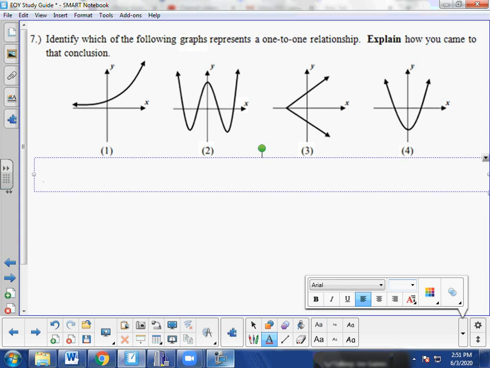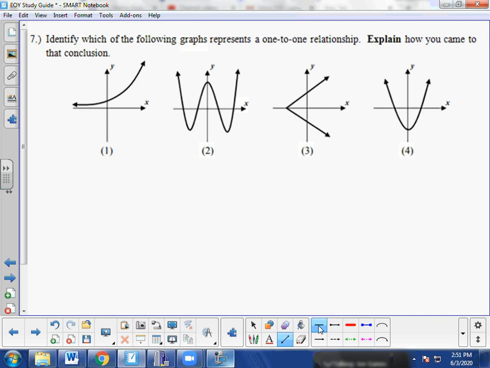For a graph, to identify if something is a function, we use the vertical line test, and that determines if each input is related to exactly one output. For a function to be one-to-one, each output also has to relate to a single input. So we would use not only the vertical line test, but the horizontal line test.